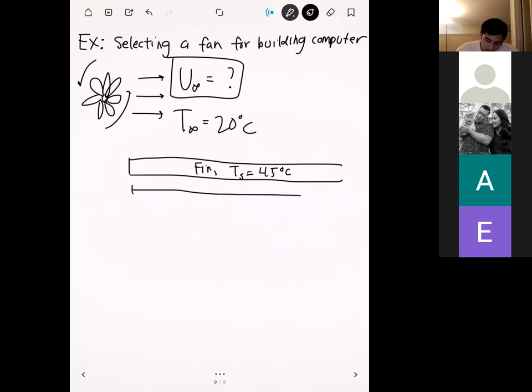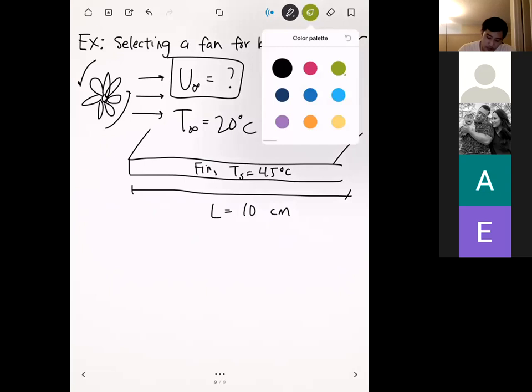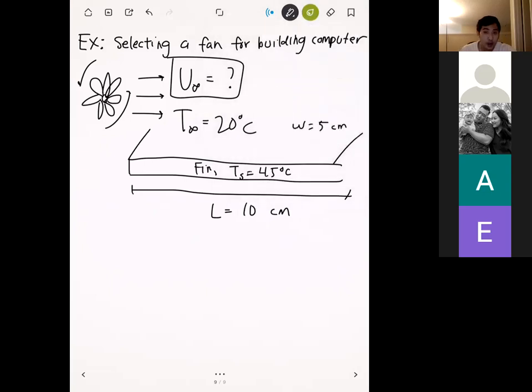We'll say the length of this fin is 10 centimeters. And then the width of the fin going into the page, we'll say this is going to be 5 centimeters. So we know the total surface area. And we also know that your computer is going to be outputting 5 watts of power that goes through this fin.